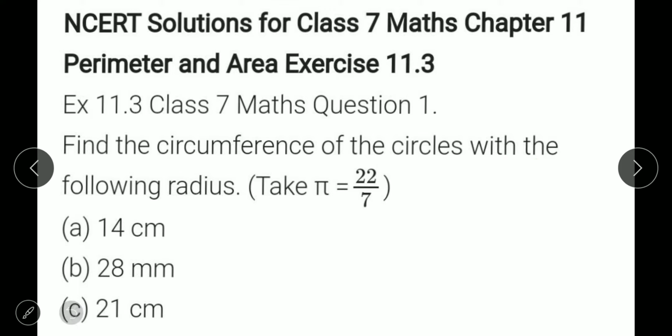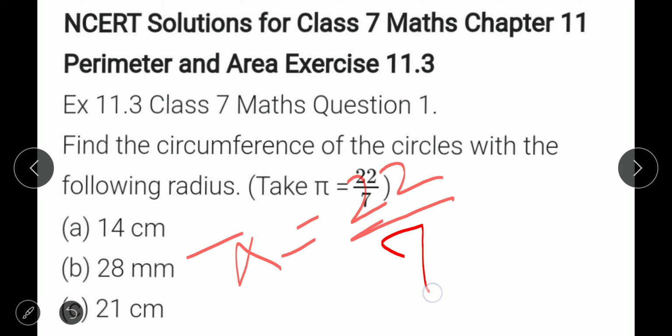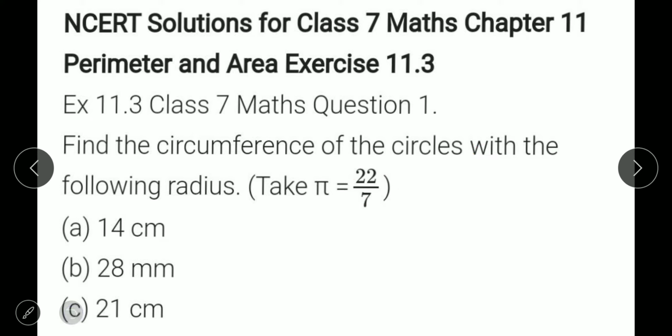The formula to find the circumference of the circle is 2 pi r, where the value of pi is 22 upon 7 or in decimal 3.14. This you have to remember. If they have already given the value of pi in the question, then you have to put that value only. Like in the first question they have given the value of pi, that is 22 upon 7.